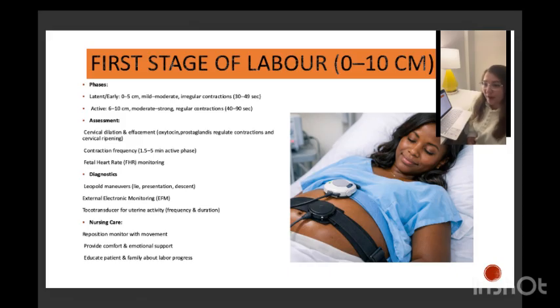Contractions of the mother are irregular and of mild or moderate intensity, and the duration of contractions is usually 30-49 seconds, so it's less than in the next phase. The next phase is active, and here the cervix dilates from 6 centimeters to 10.